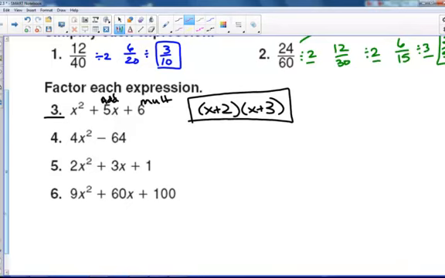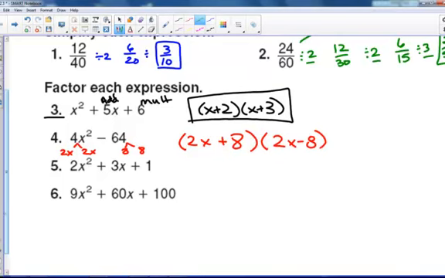In this one, we have the difference of squares. So this is a perfect square. 2x times 2x is a perfect square, 8 times 8. That means that one parenthesis is 2x plus 8. The other parenthesis is 2x minus 8. Now, in both of these, there's a 2 in common. So I should take that 2 out. So really, I've taken 2 2's out.